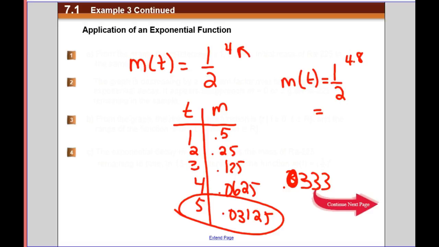If we put 4.8 into that, we get 0.0359. That's not quite there yet either. So let's try putting 4.9 in. If we put 4.9, we get 0.0335, which is pretty close to what we're looking for. So we could say that it's going to be 1/30th of its original mass after 4.9 15-day intervals.